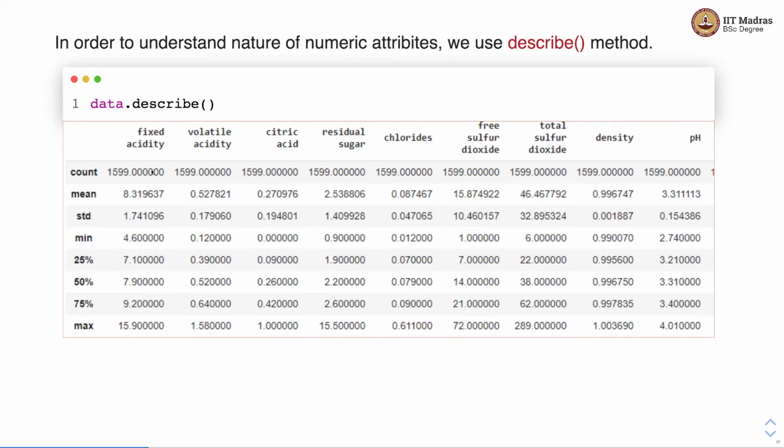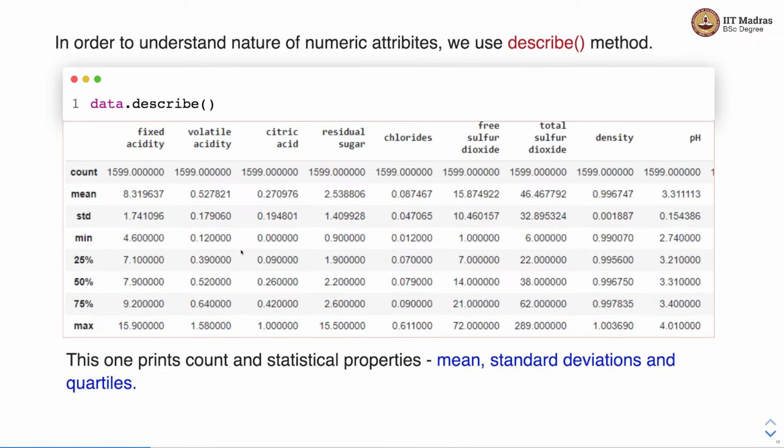And you can similarly look at the statistics for other features. So as we just discussed, it prints counts and other statistical properties like mean, standard deviation and quartiles.